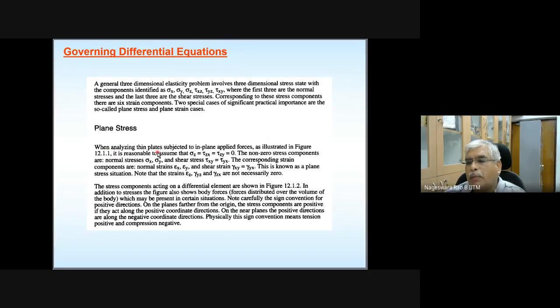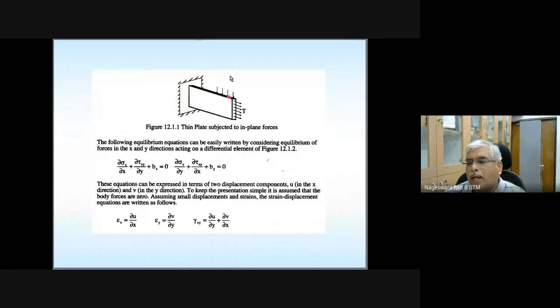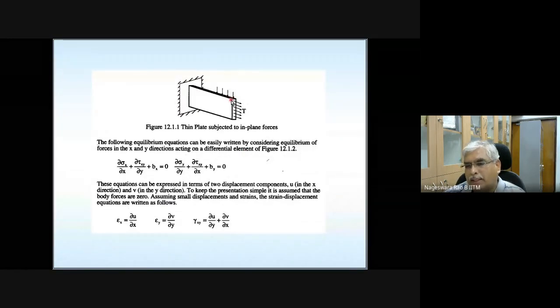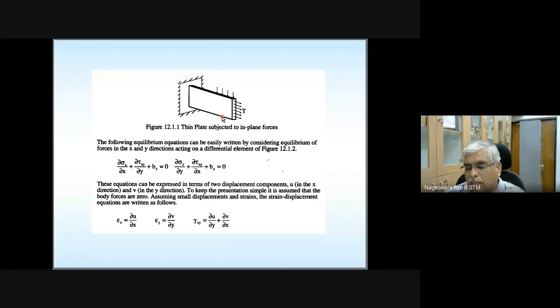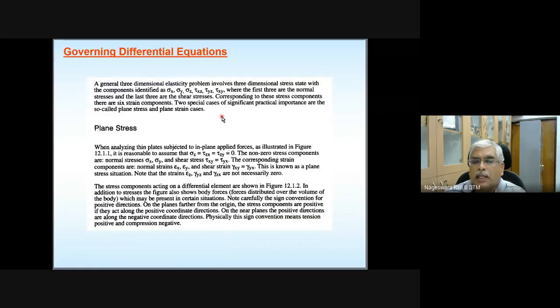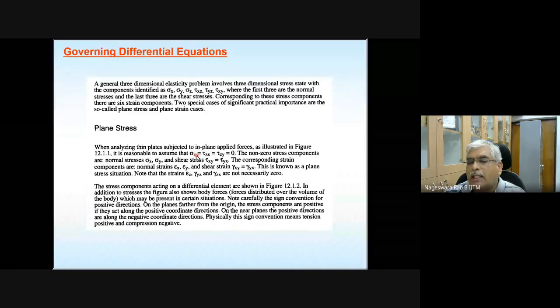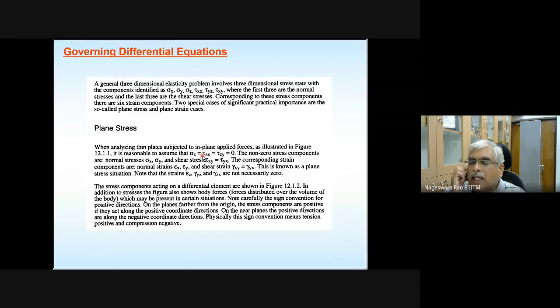When analyzing thin plates subjected to in-plane applied forces, so the forces that are applied are in the plane of the plate or the structural member, it is reasonable to assume sigma z and the shear components having the z axis, tau zx and tau zy, are 0.